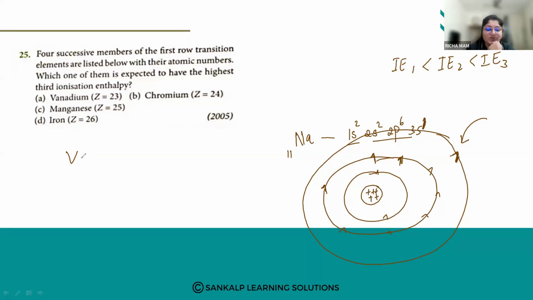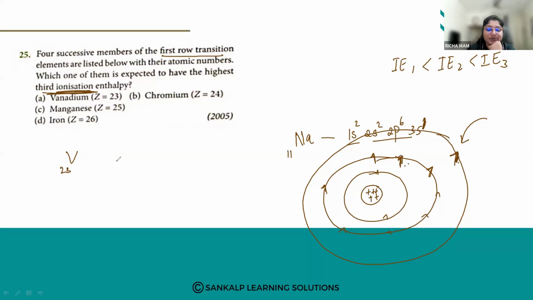Now here vanadium is 23. They have asked which one of the four successive first row transition members will have the highest third ionization enthalpy. Third means remove first, then second, and then third.